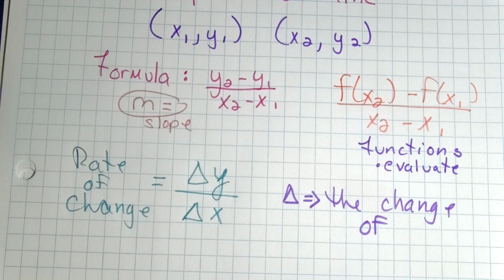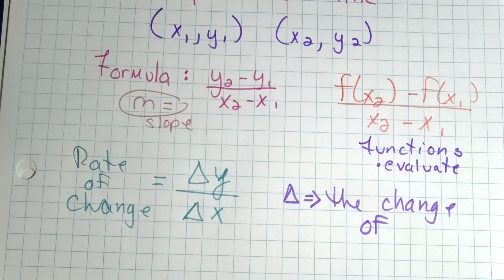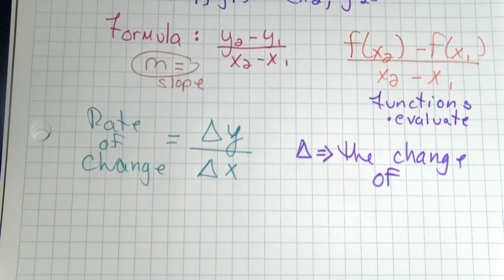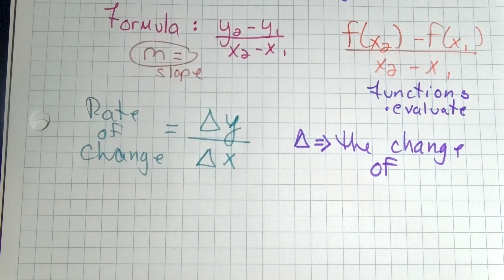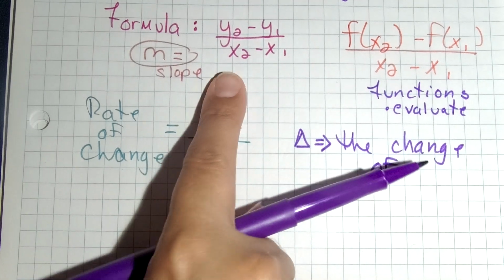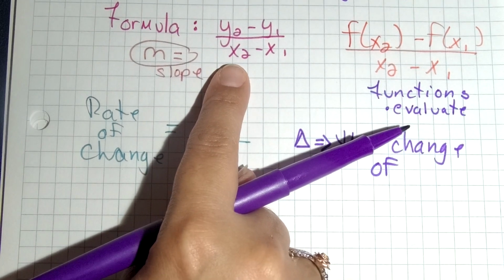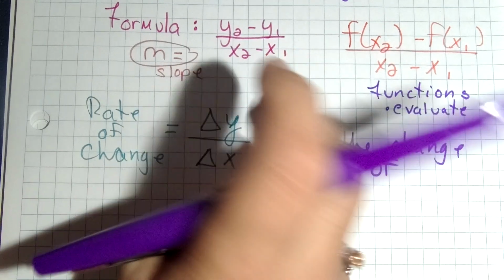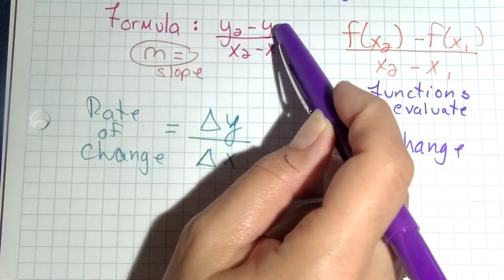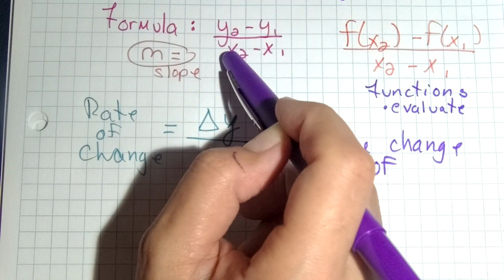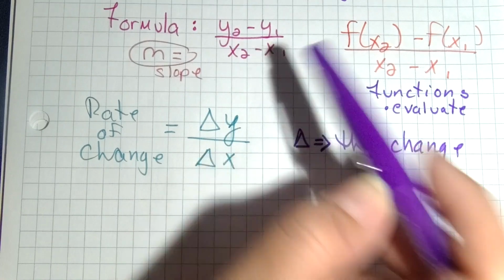So slope, rate of change, delta, the change of, that is all the same thing, but we can use it for different curves, different graphs, different functions. This formula implies you can only use it for linear, but as you can see, we're looking for the change of y's divided by the change in x's. That's why we can use it in calculus.